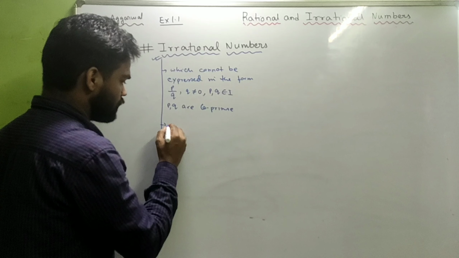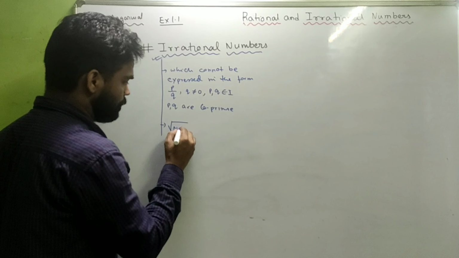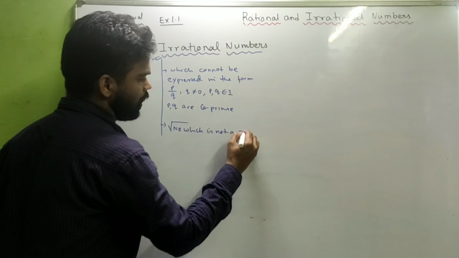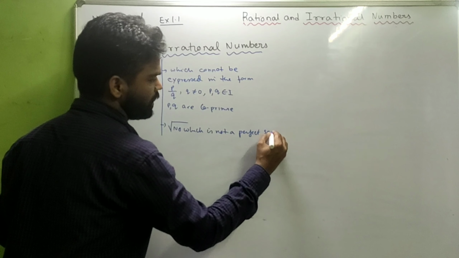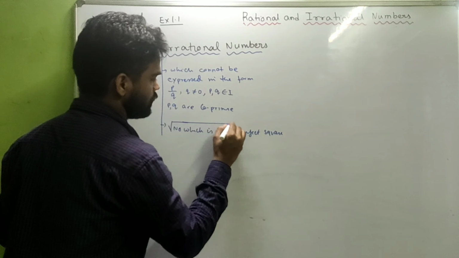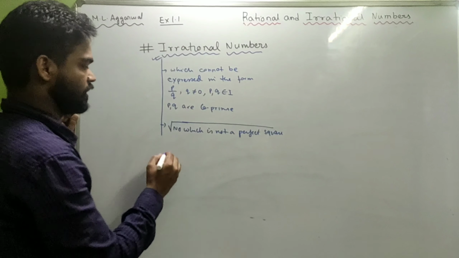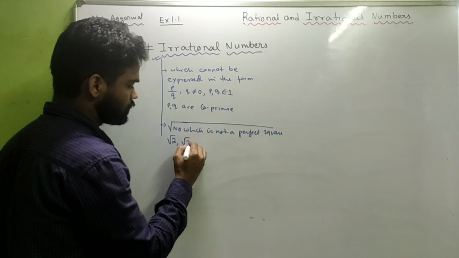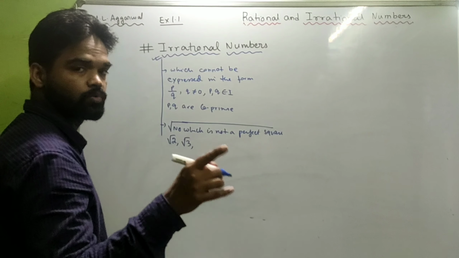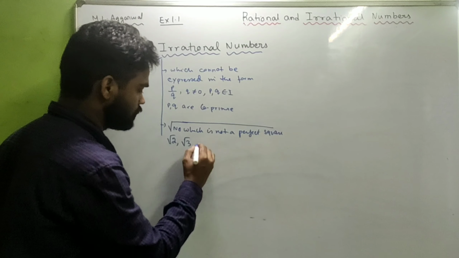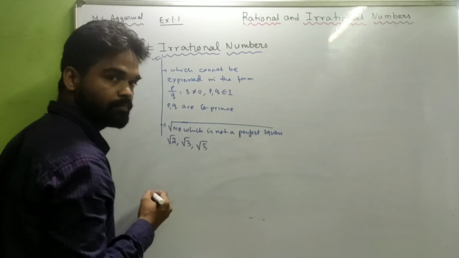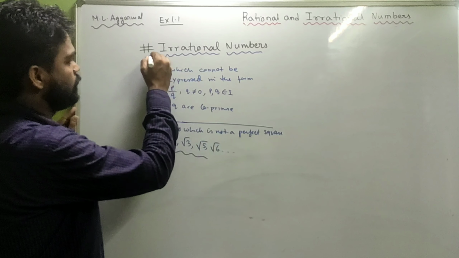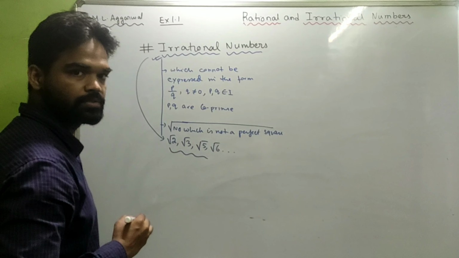Examples: the root of a number which is not a perfect square is always an irrational number. For example, root 2, root 3, I'm not talking about root 4 because root 4 is a perfect square of 2, root 5, root 6, these are all irrational numbers.